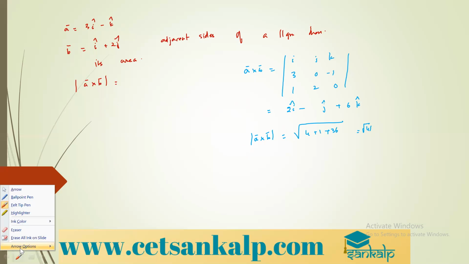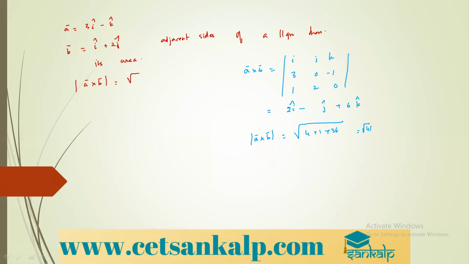So the area, not the vector area, will be square root of 41. This is just an example.